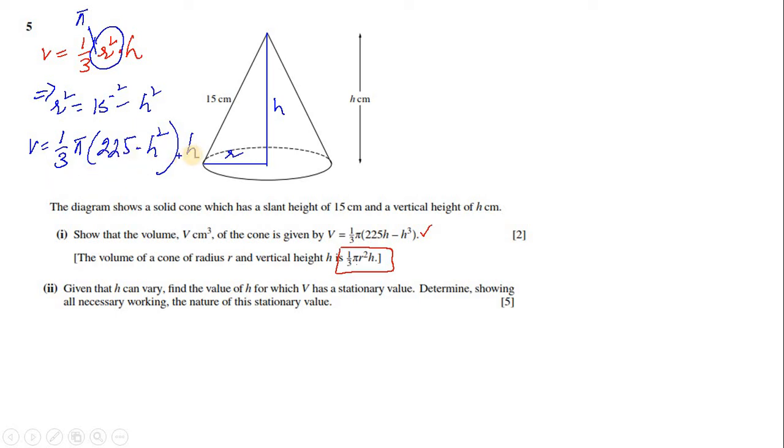And if you rearrange, or you multiply this h inside the bracket only, V is equal to 1/3 of pi into 225h minus h squared, which is h cube. So this is your required expression or required equation that you need to derive here.